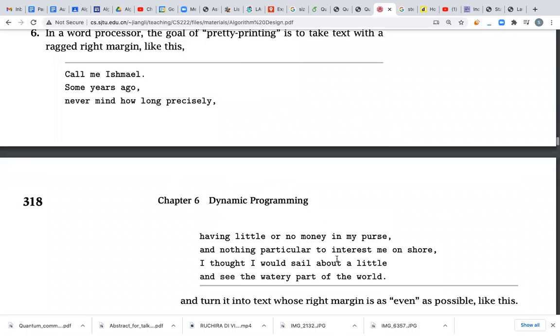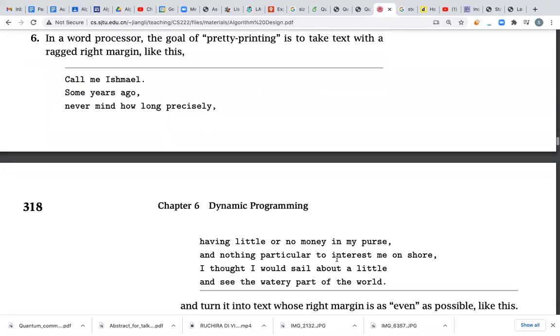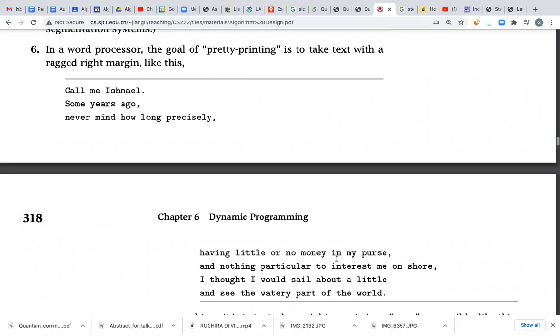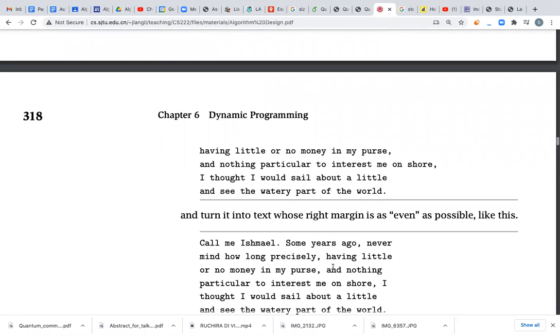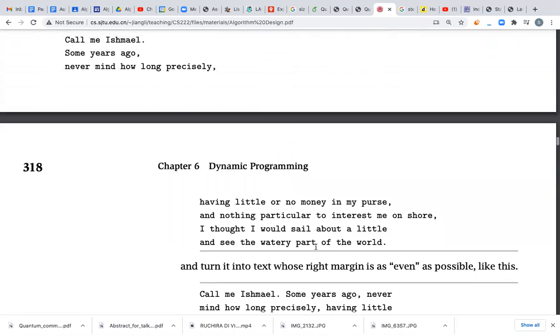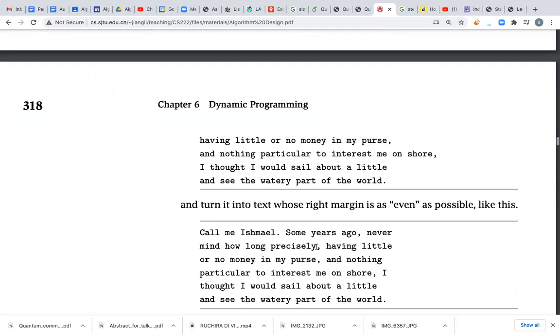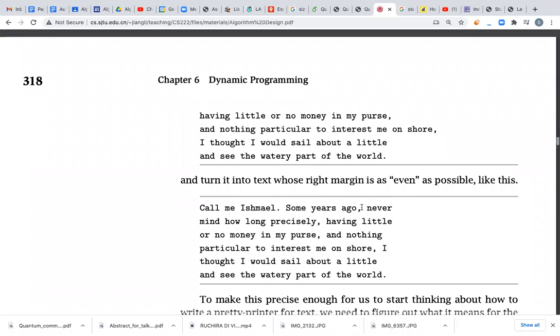Let's think about how to convert this question into a mathematical one. You have lines that can be short or long, and your goal is to break them up, joining them together in some way, to get lines of lengths as even as possible.